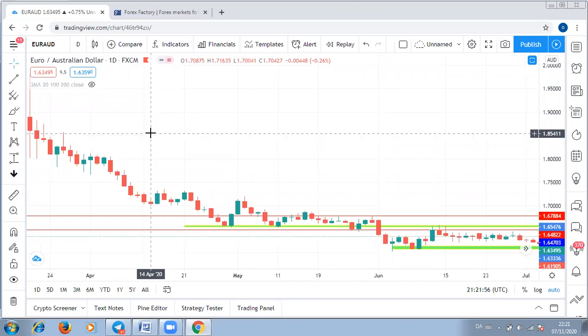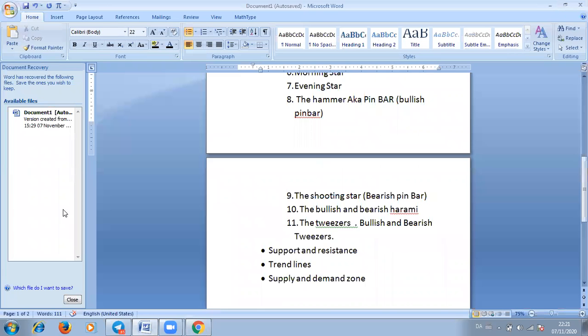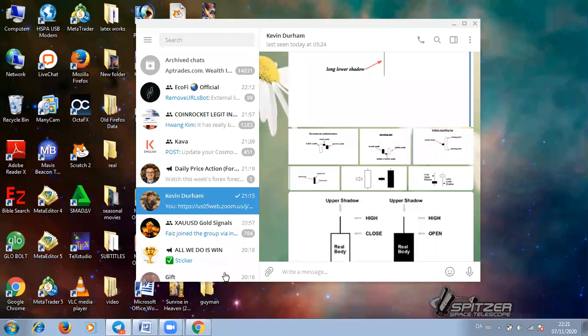So since we have been able to understand how to read the candlesticks, please indicate in the chat box if you're still with me.